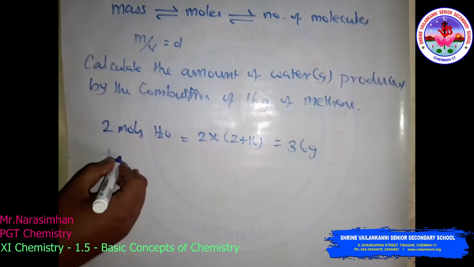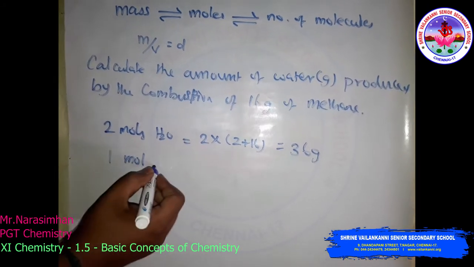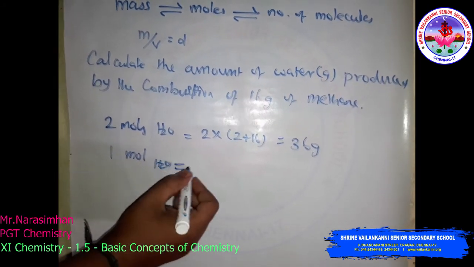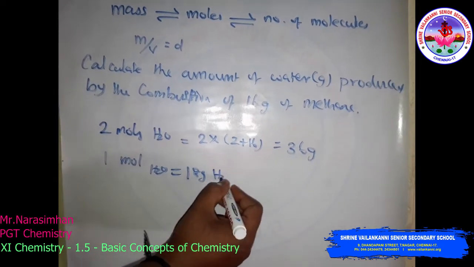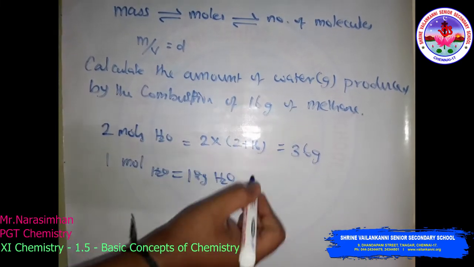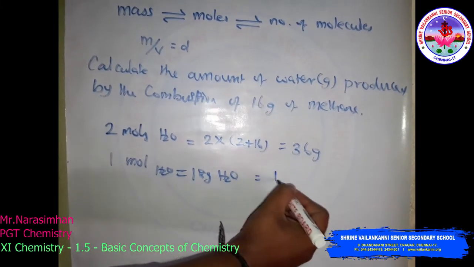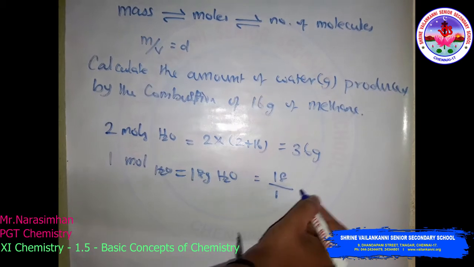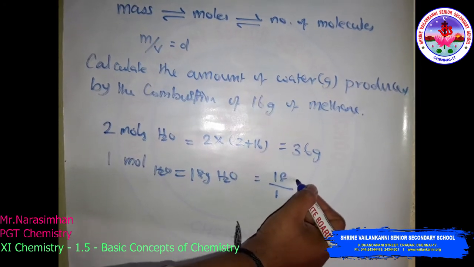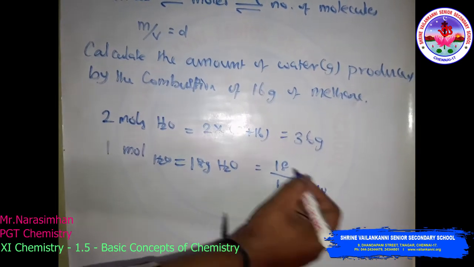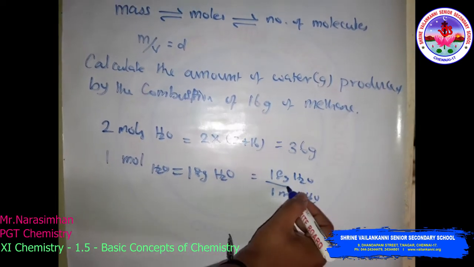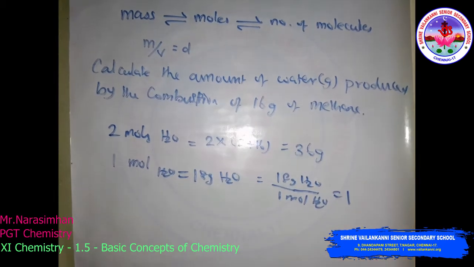Suppose 1 mole of water is equal to 18 gram of water, because 2 moles is 36 gram. So 18 gram of water divided by 1 mole of water is equal to 1.